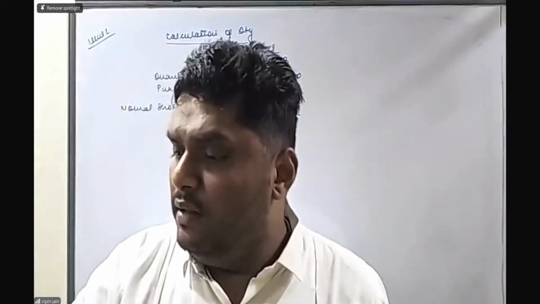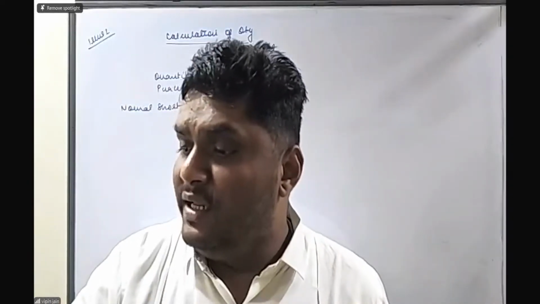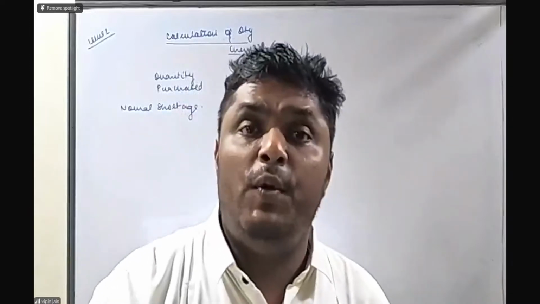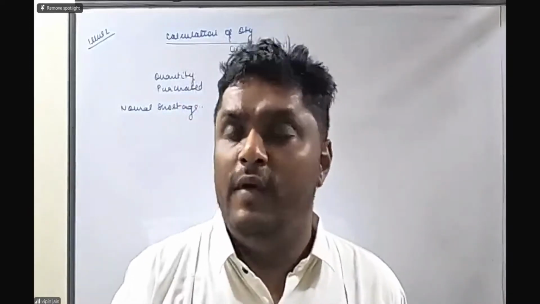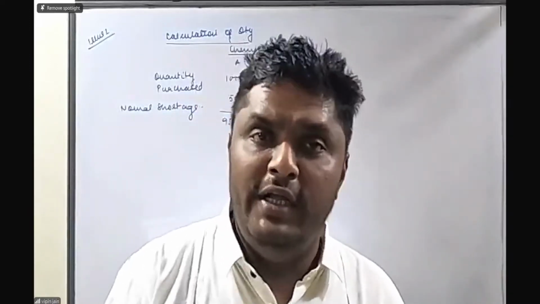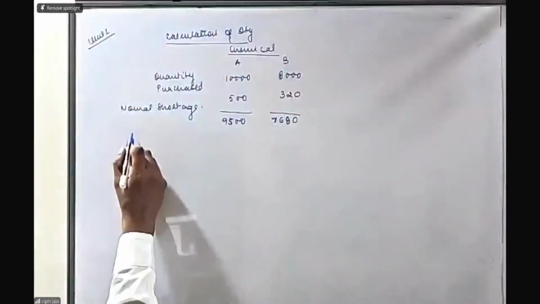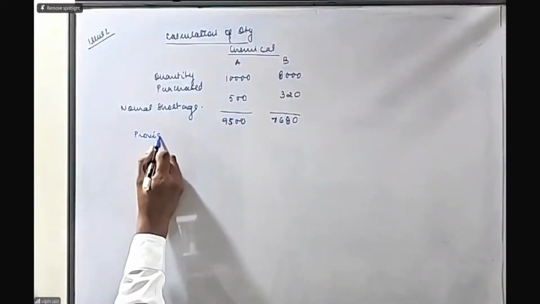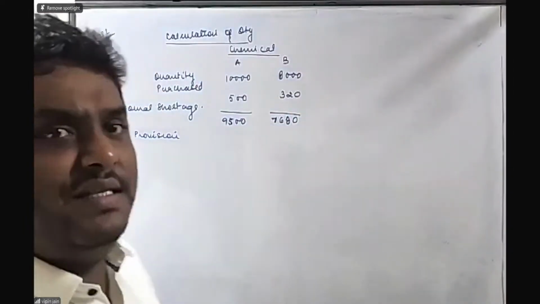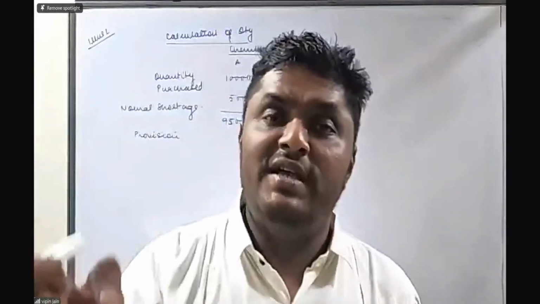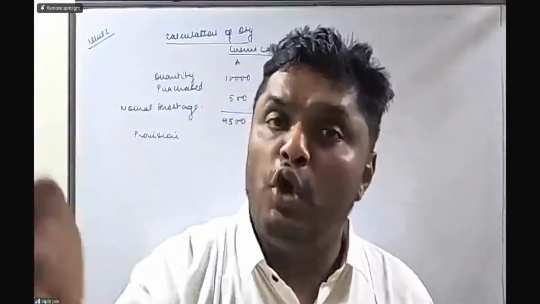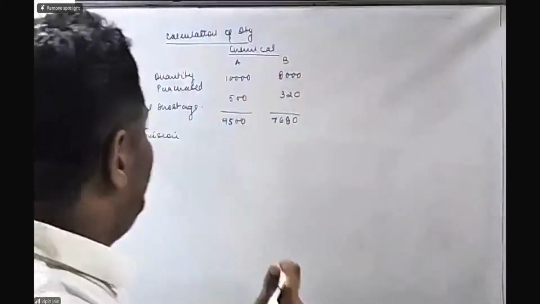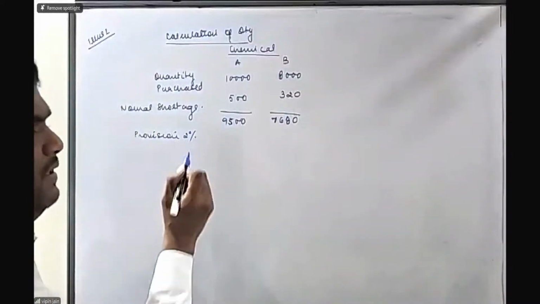Now further, we have to make a provision of a further 2% for deterioration. There are chances that when we go to manufacture and take out the raw material, some more shortage will come. So they said let's make a provision of 2%.